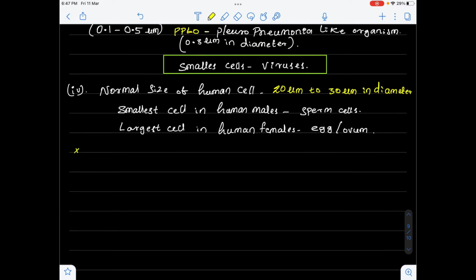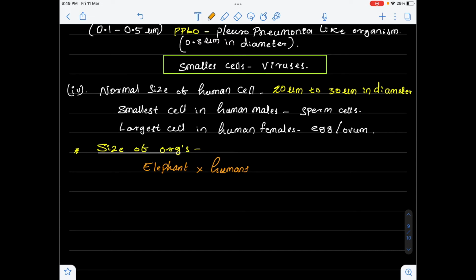Let us talk about size of two organisms like elephant versus humans. So when we look at the elephant and humans, generally which one is bigger?